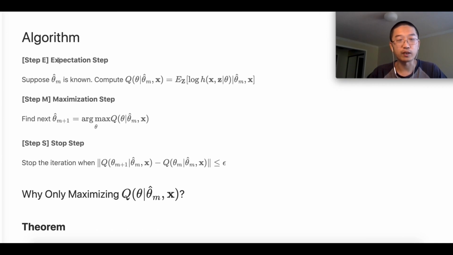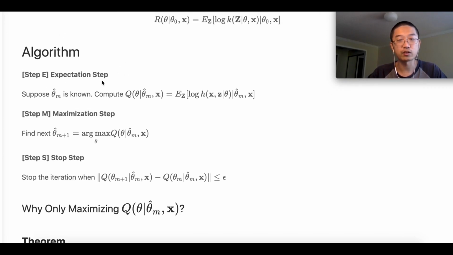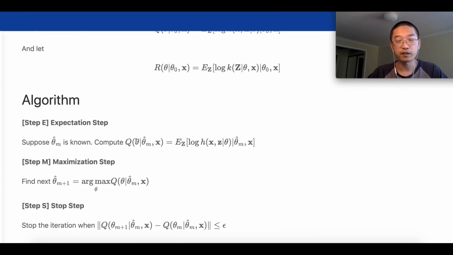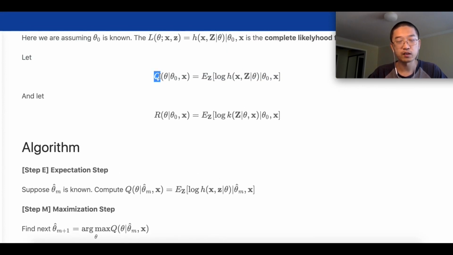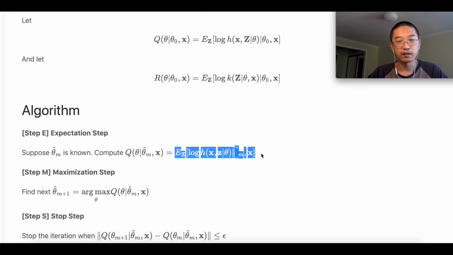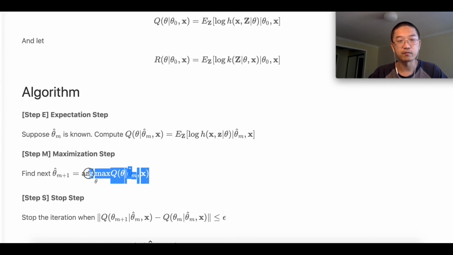The first step is we calculate the expectation of q, and then we maximize q. We try to maximize q and find the next theta, which we call theta m plus 1.